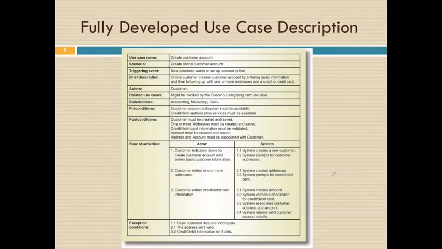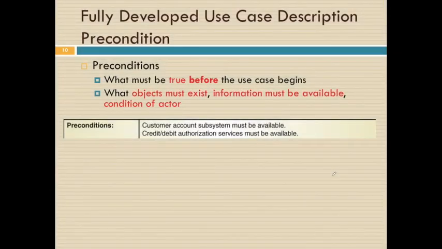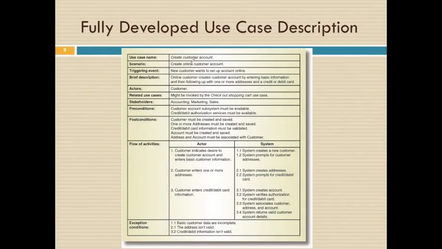This is an example of the fully developed use case description. Look at what is precondition. Precondition is what must be true before the use case begins. For example, what objects must exist, what information must be available, what is the condition of the actor. In this example, we want to create a customer account. So the precondition: the customer account subsystem must be available.